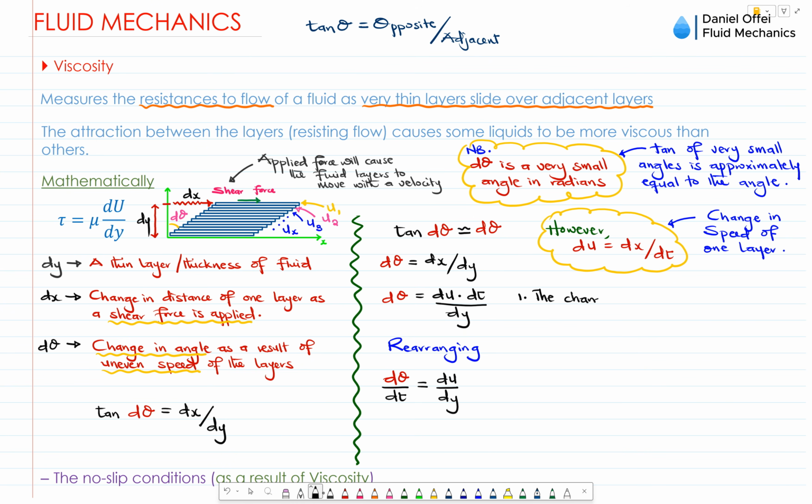So from what we have, we can say this. 1. The deformation is represented by the angle, so the change in deformation with time is proportional to the change in speed, and that change in speed is along the y-axis. Or indirectly, different layers move with different speeds when we move along the y-axis. 2.